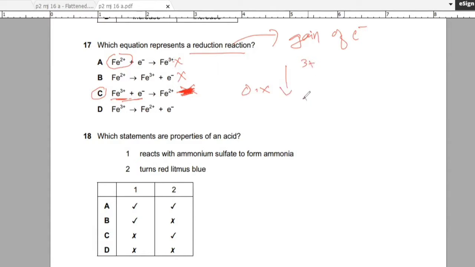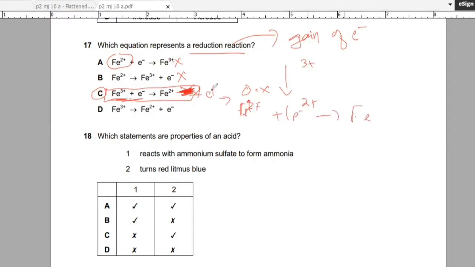It was 3+ and it became 2+, so the oxidation number decreases. So here gain of electrons takes place. Fe3+ gains 1 electron and becomes Fe2+. If Fe2+ gains 1 electron, it will become Fe1+. If Fe1+ gains an electron, it will become Fe. This is basically called gain of electrons.